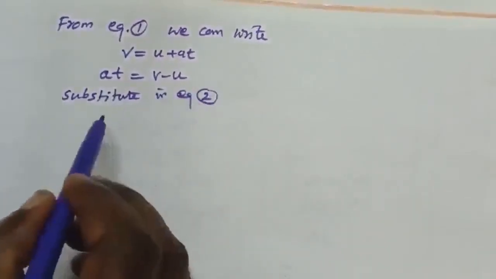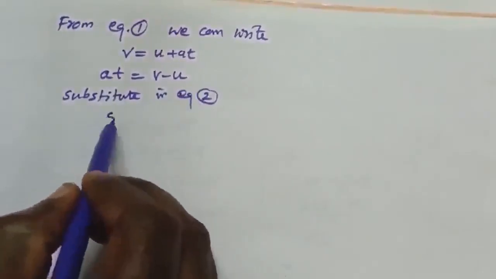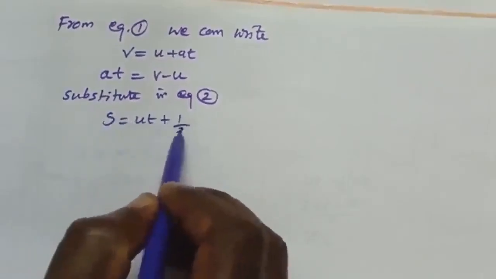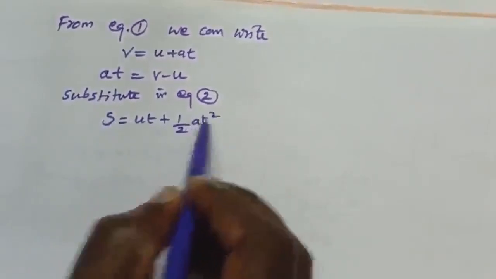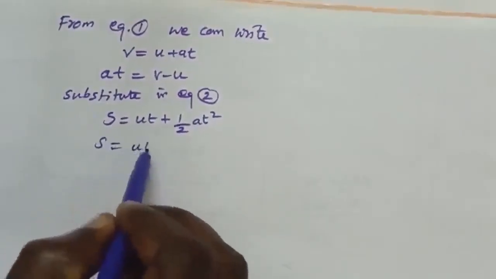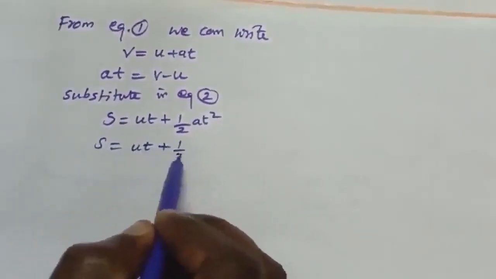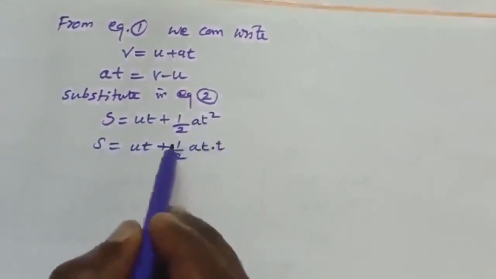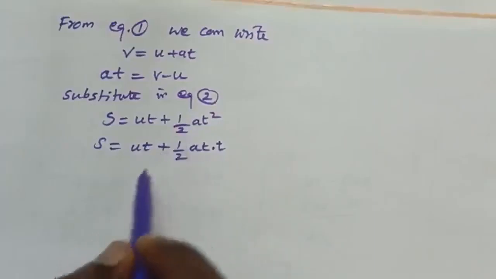Now tell me what is equation number 2? s is equal to ut plus 1 by 2 at square. Similarly s is equal to ut plus 1 by 2 at into t. So this is the same thing.